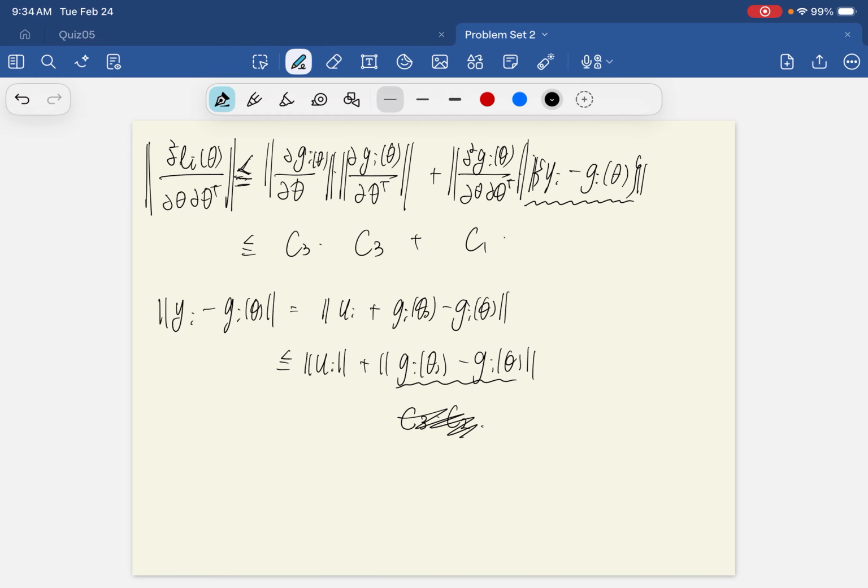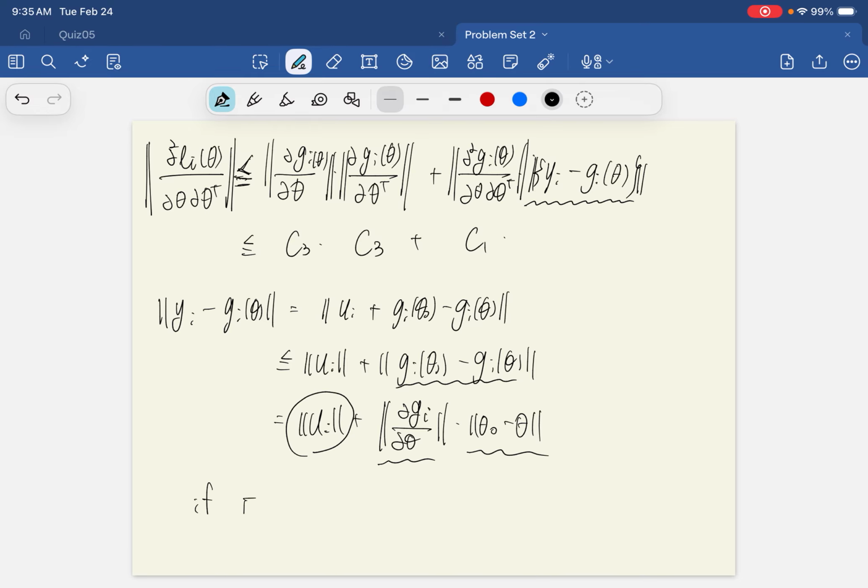Remember, I will write it this way: ui plus g derivative times theta 0 minus theta. So it is bounded. So everything is bounded. The only thing here is this randomness. So if the expectation of the absolute value of u is finite, then the proof is complete. Right? So that's how we bound this thing. Okay, I will stop here and continue in the next video.